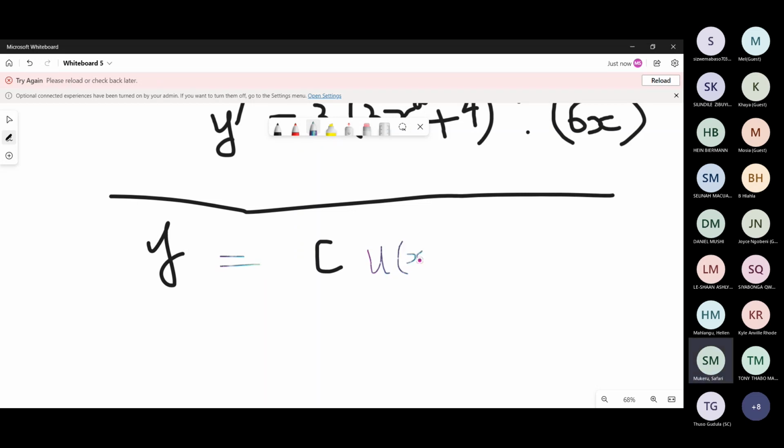How do you compute y prime here? This is c times u of x, since u is a function. How do you find the derivative of this product? It's very easy.